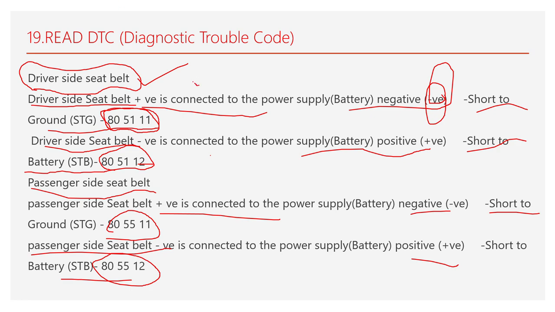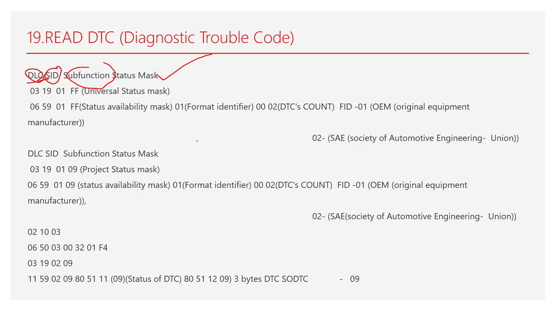If you buckle the seat belt, or put your seat belt into the seat belt port, we get one signal, which is 1. If you remove the seat belt, we get the signal 0.